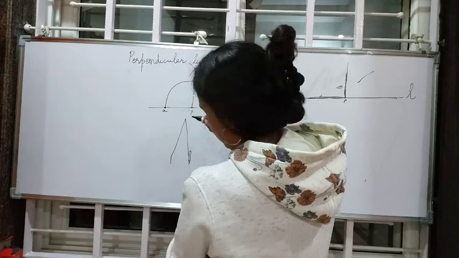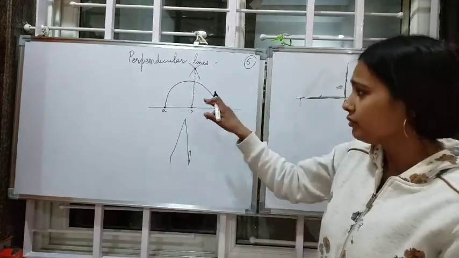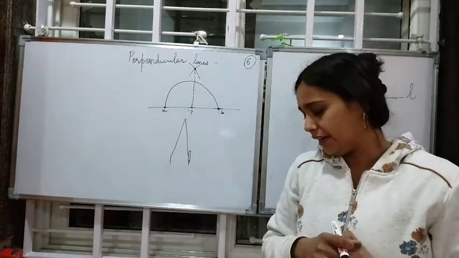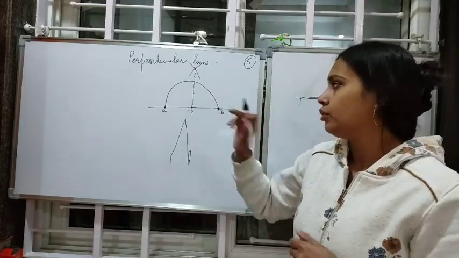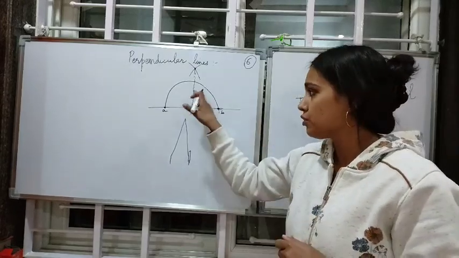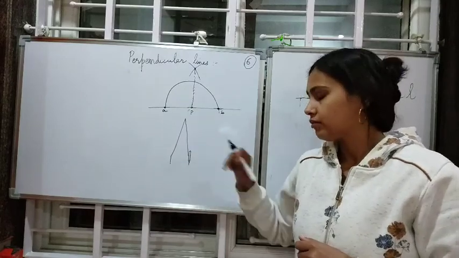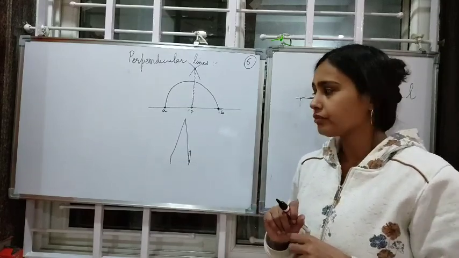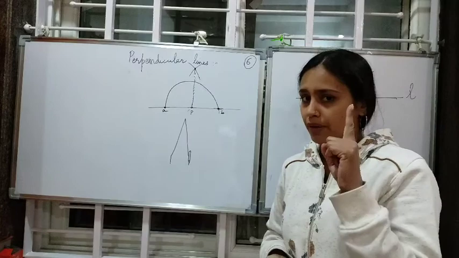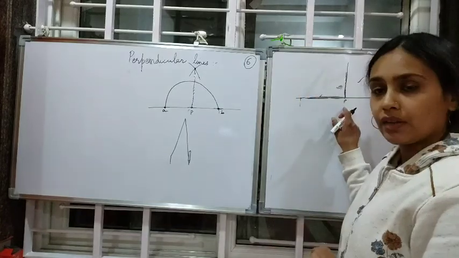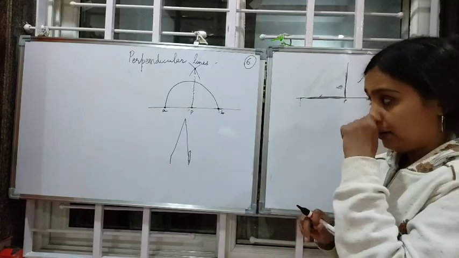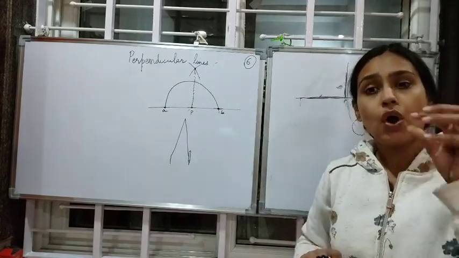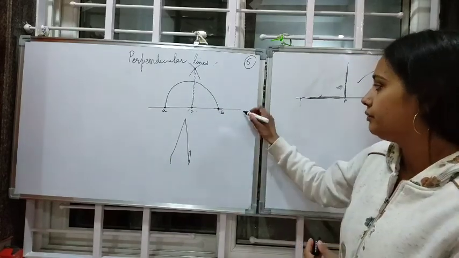This is your perpendicular line on L through P with the usage of a compass. So we did three methods: paper folding, set square, compass, when the point P is on the line L.